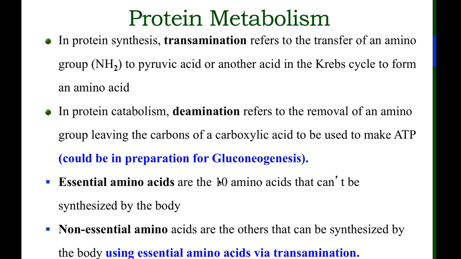It turns out that some of these amino acids are essential, meaning that your body can't synthesize them. Then there are some non-essential ones, where you use other amino acids to make a different amino acid through transamination, moving an amino group from one chemical to another.